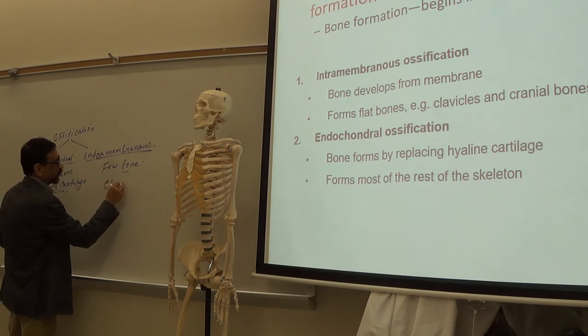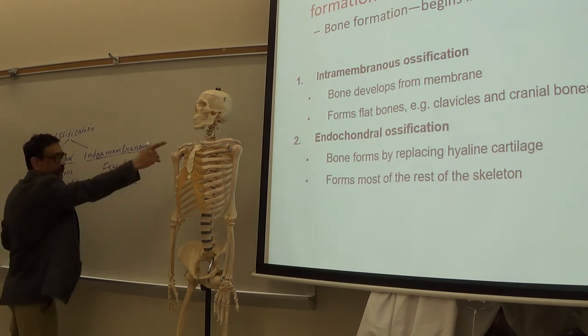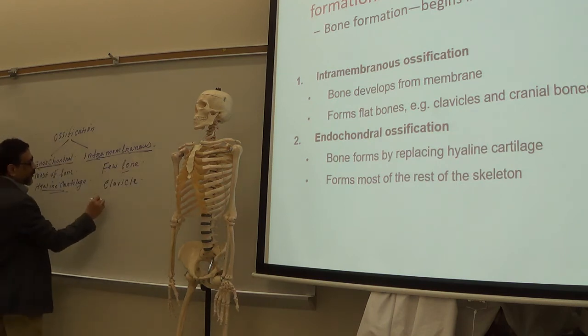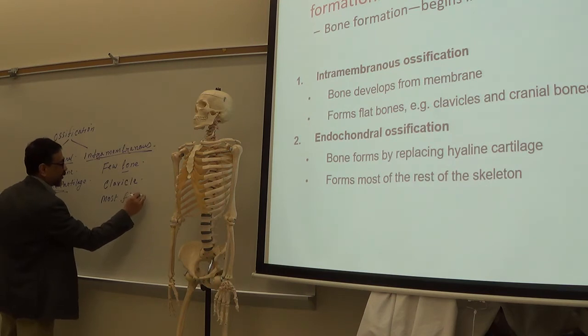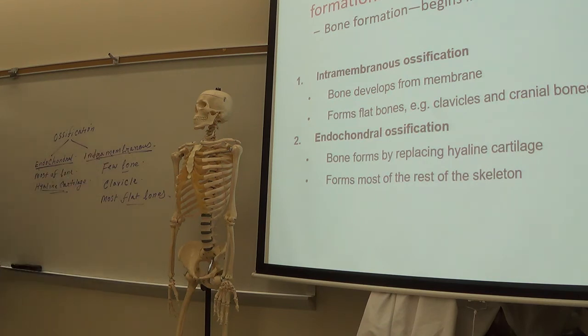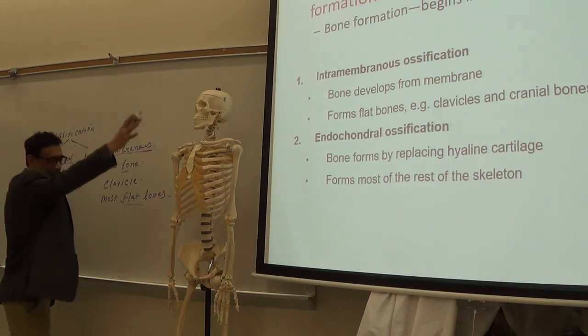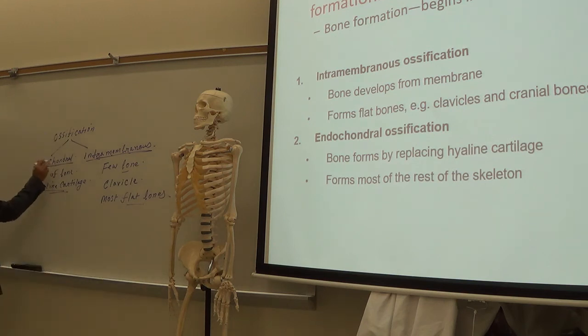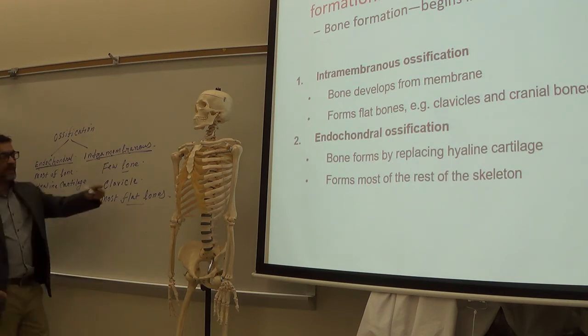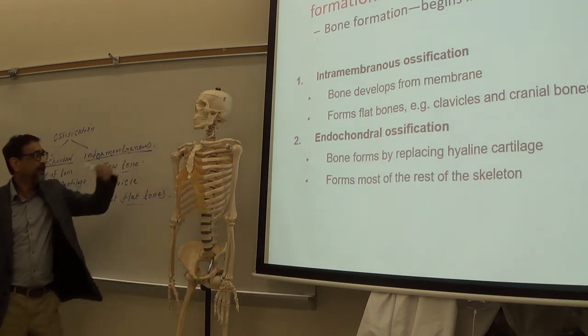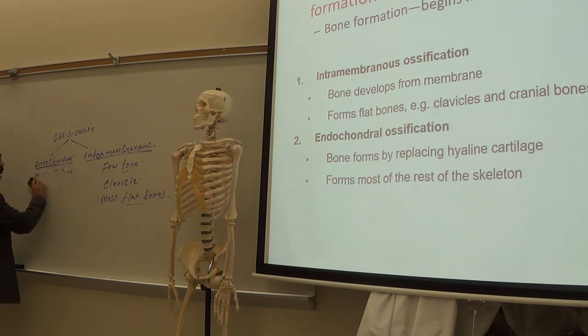Clavicle, the collarbone, right? And most of the flat bones of your body are formed from membrane. Rest of the bones of the body are formed from cartilage, endochondral ossification. Except the clavicles and flat bones like sternum, parietal bone, occipital, those are the flat bones.